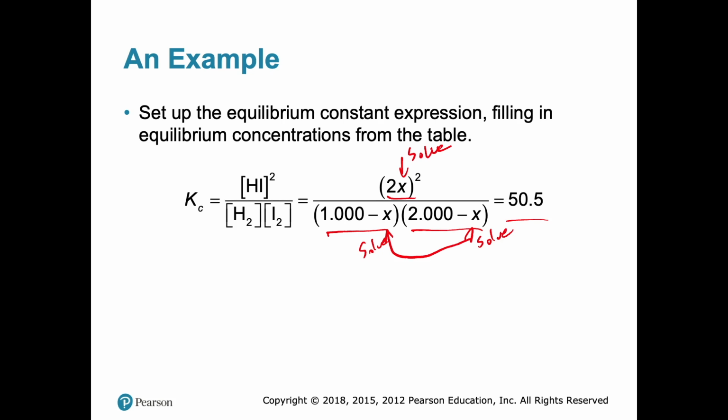So this is what we call a quadratic equation, and in it, you have to use what to solve for it? The quadratic formula. Do you remember the quadratic formula? Very close.